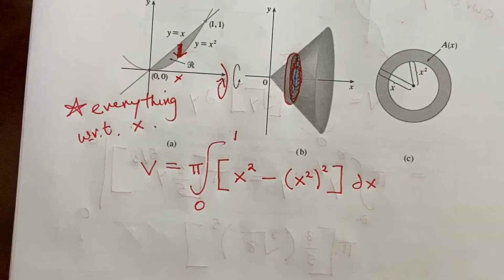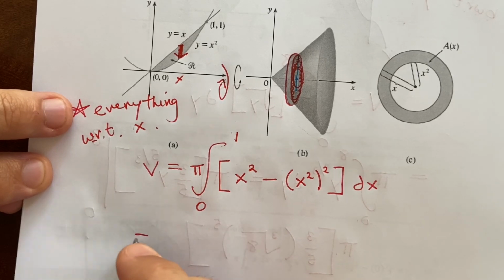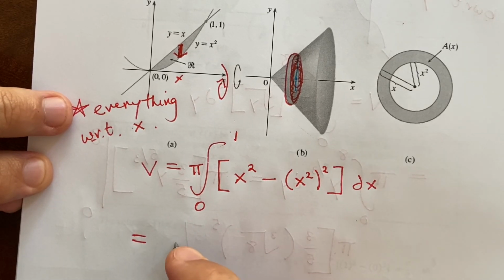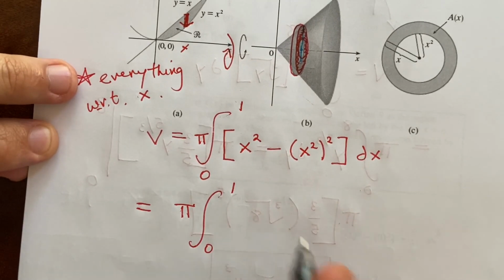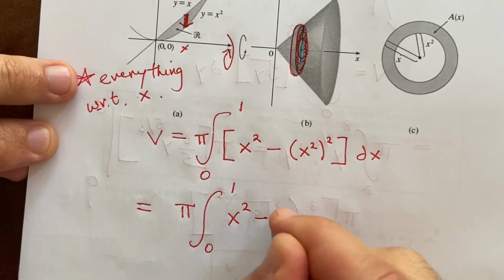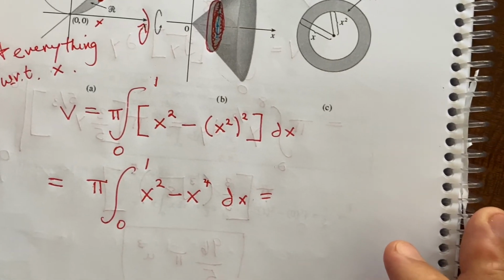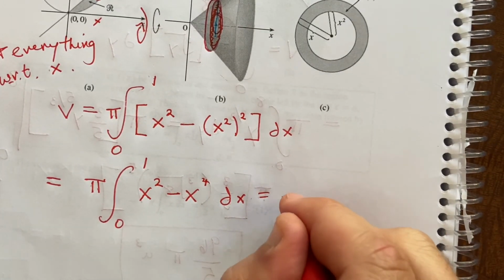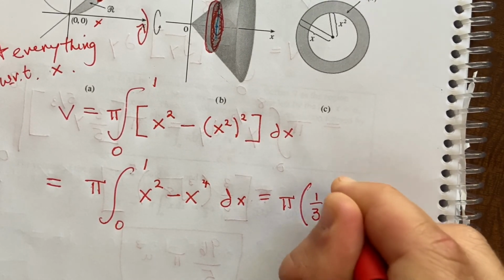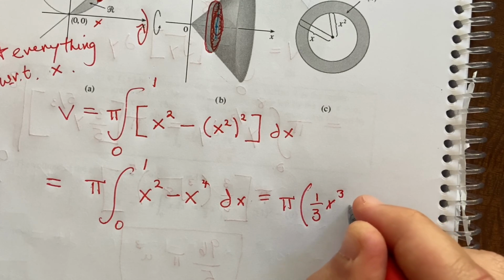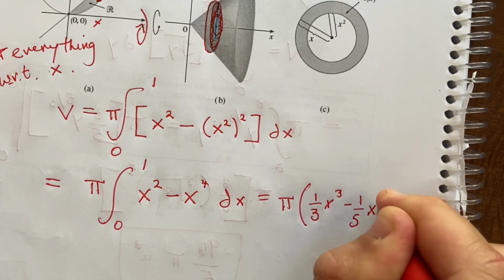Okay, so let's go ahead and simplify, integrate, do all that calculus stuff now. So pi from 0 to 1, x squared minus x to the 4th dx. Finding the antiderivative, I would have pi times 1/3 x cubed minus 1/5 x to the 5th, right?